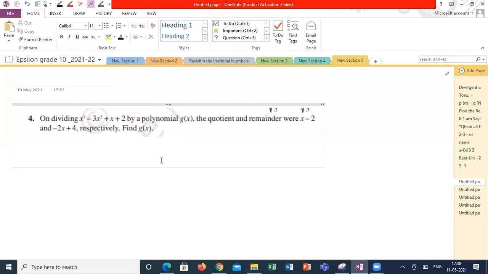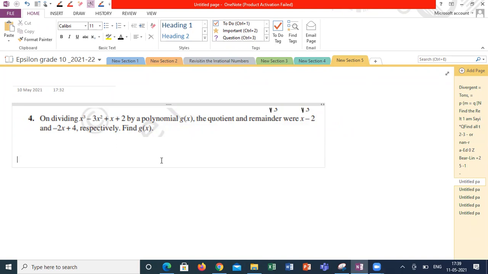What formula do I have to use to calculate the divisor? Remainder theorem, correct? How will we do this question, guys?